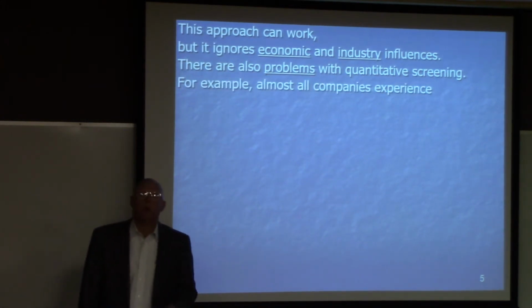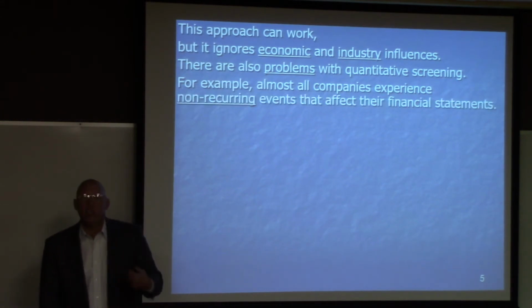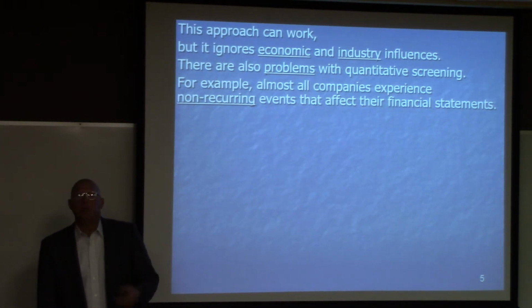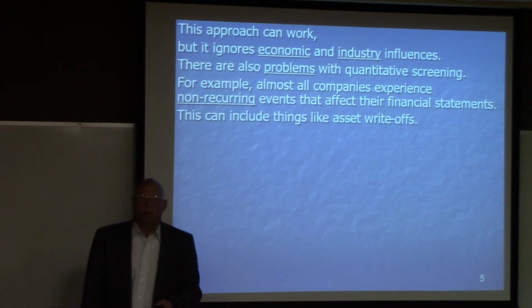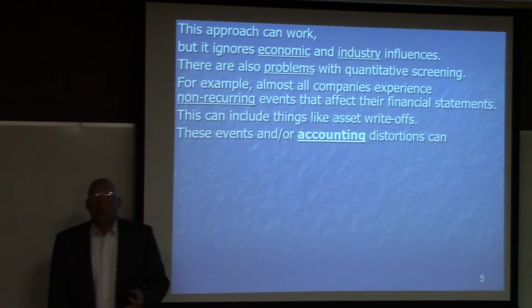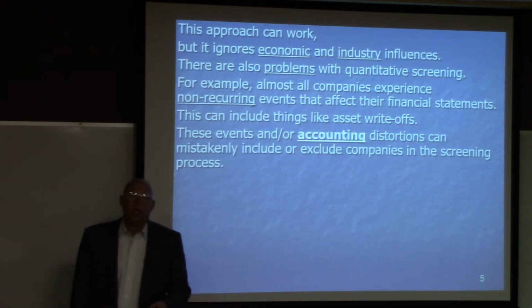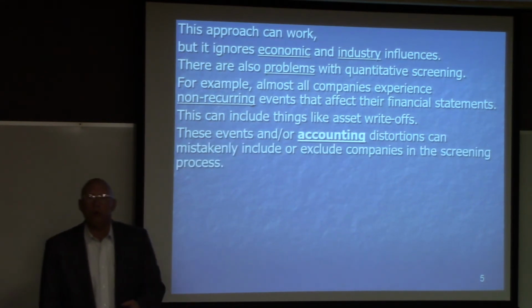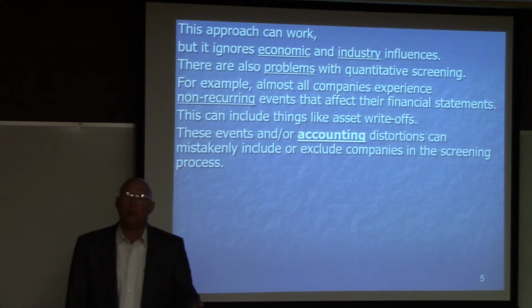Okay? For example, almost all companies experience non-recurring events that affect their financial statements. One-time write-offs or blips, maybe an acquisition that really changes the financial statements. So these things include things like write-offs. These events and/or accounting distortions can mistakenly include or exclude companies in the screening process.